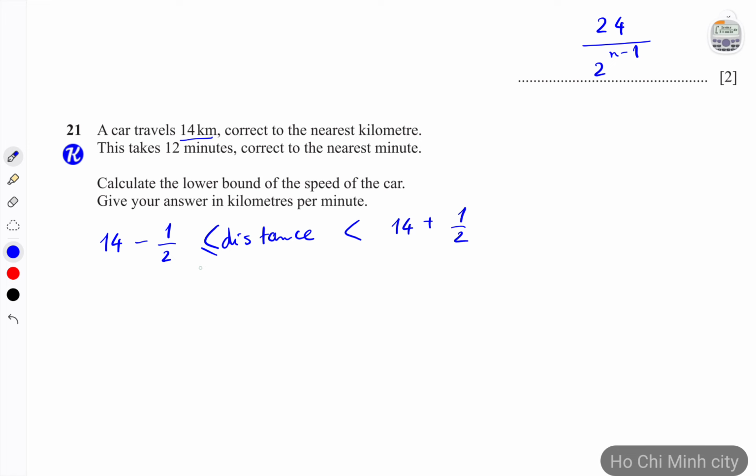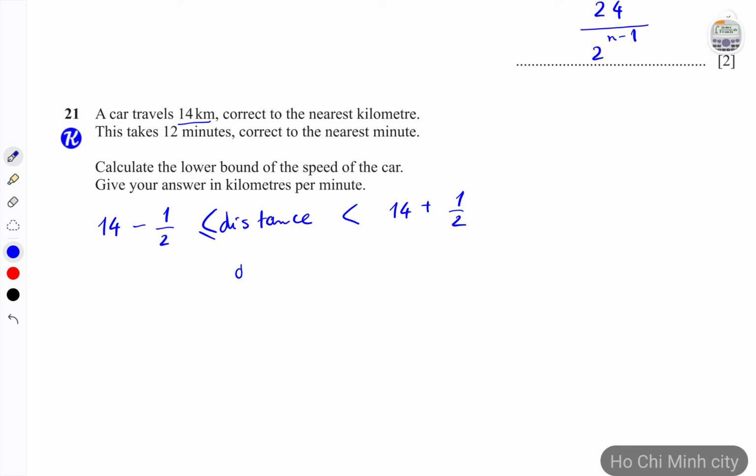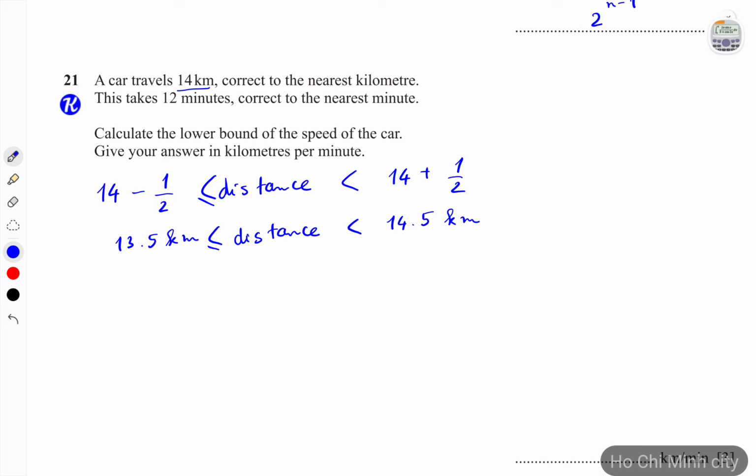And remember, for the lower bound, we use a less than or equal to. For the upper bound, we use a less than sign. So from this one, we have the distance is always less than 14.5 kilometers and greater or equal to 13.5 kilometers.